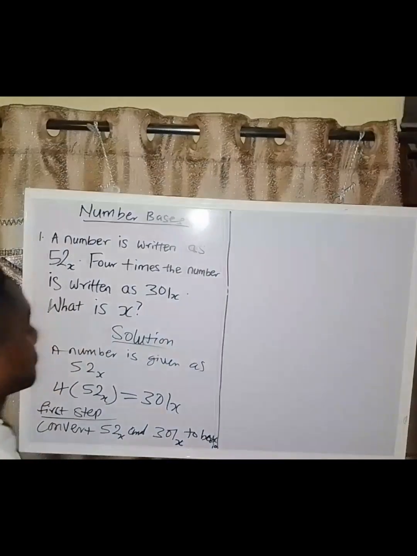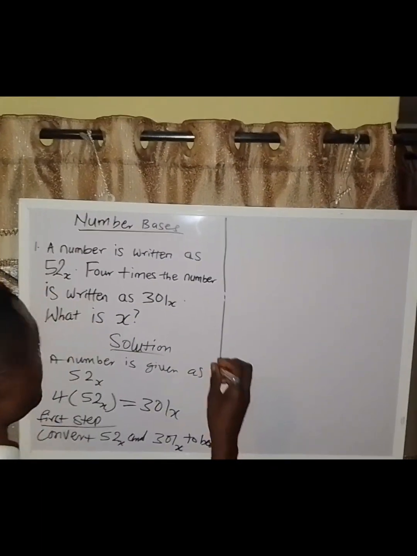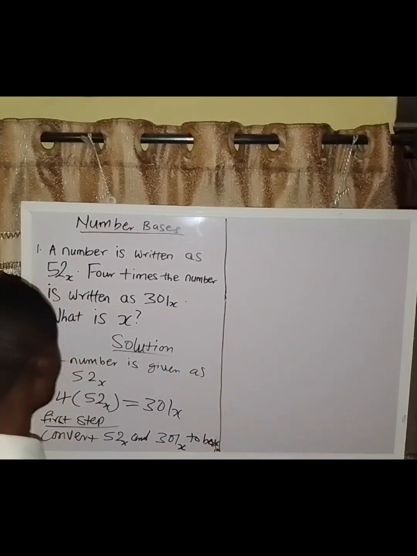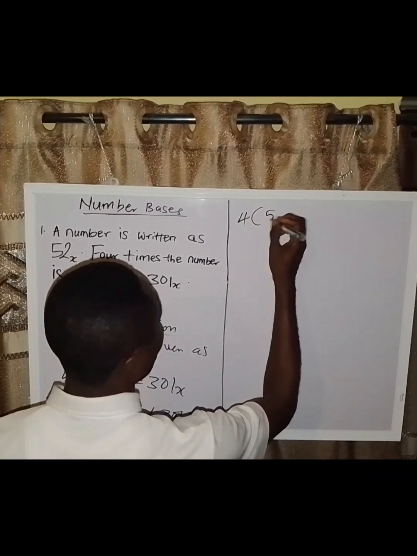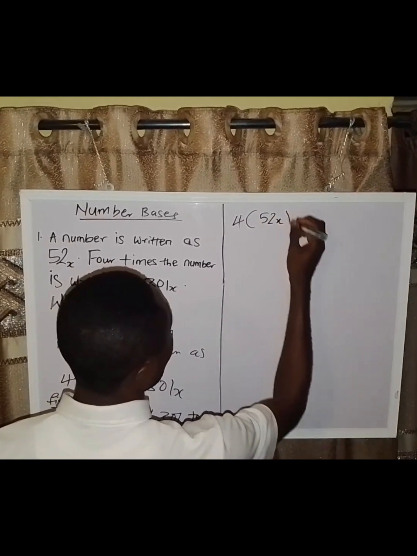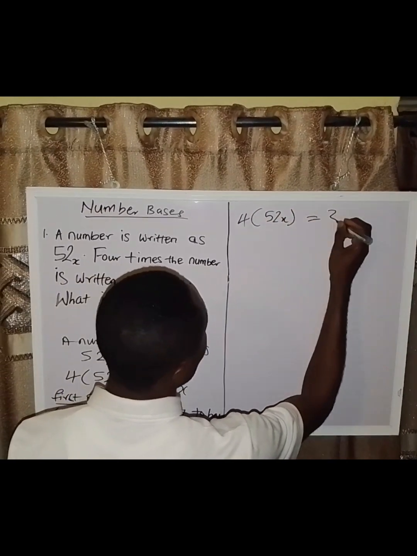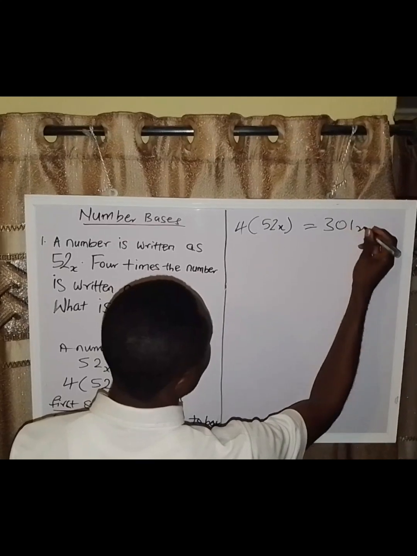We have done the conversion before. So we have 4 open bracket 52 in base x close the bracket is equal to 301 in base x.